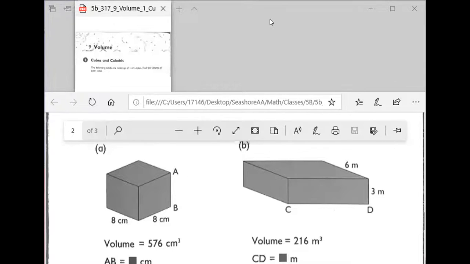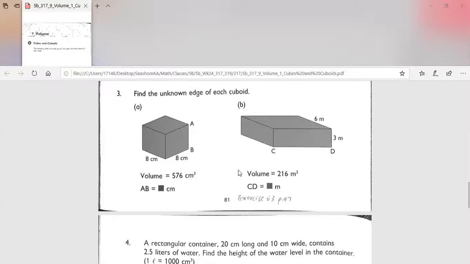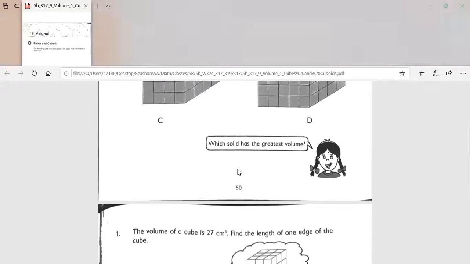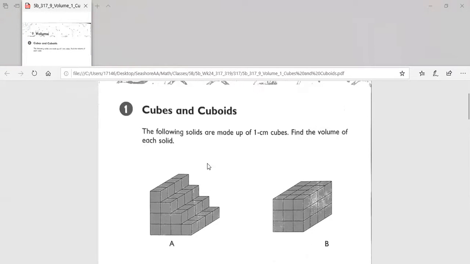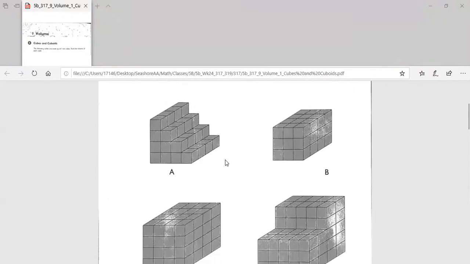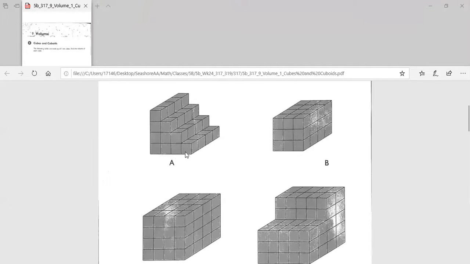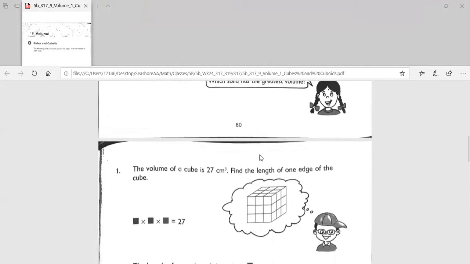Okay, now we're going to do a little review of what we left off on from last class. We talked about volume, cubes and cuboids. The volume is length times width times height.